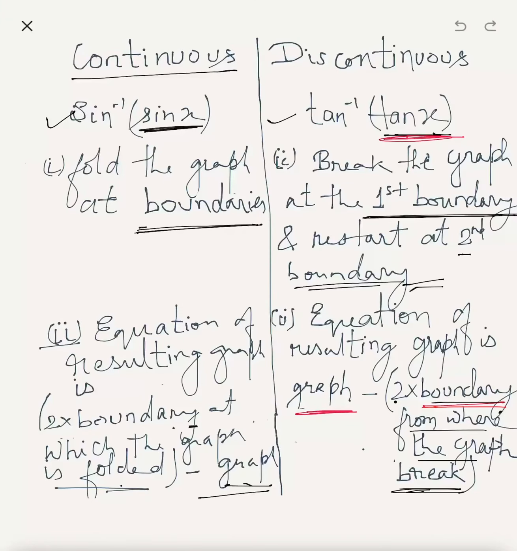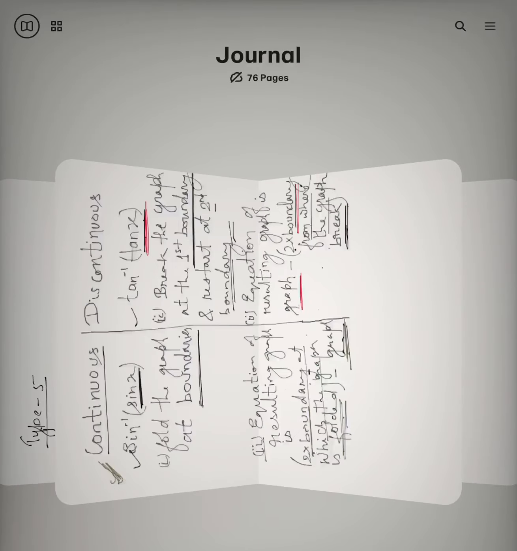See here, 2 times, if the function is continuous, since it is continuous, the equation of the new branch will be 2 times the boundary at which the graph is folded, minus the graph. So let us get back.